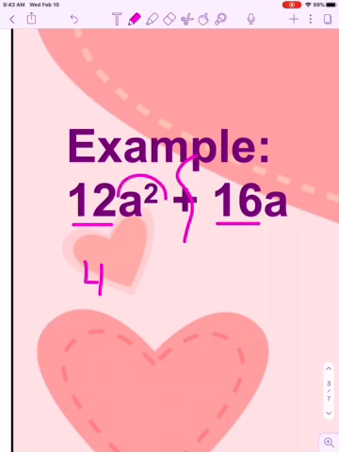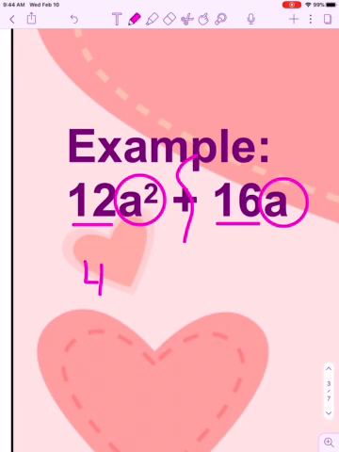Okay, you have 2 terms here, so you have to look at each term. This term has 2 A's. This term has 1. Okay, we are taking things away from these terms. We're factoring things out. So you have to take out what they have in common, okay? So you can only take out as many A's as the littlest one has to give you.